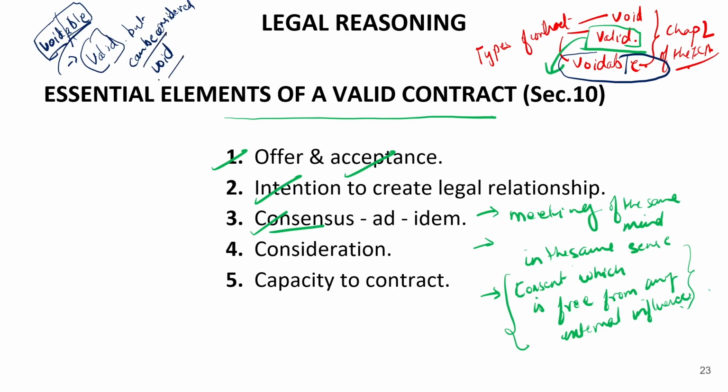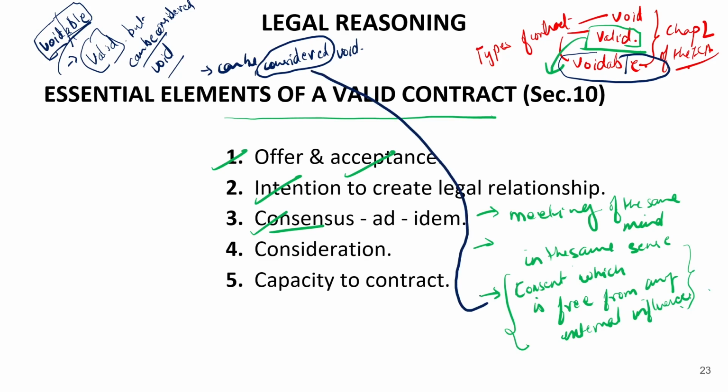Now, when we say it can be considered void, it means that there should be some requisites, some elements, that if they are present in that particular agreement, then it means that it is not of free consent.